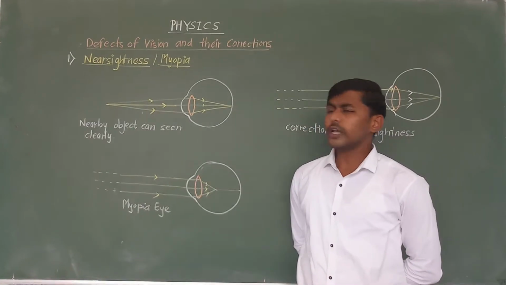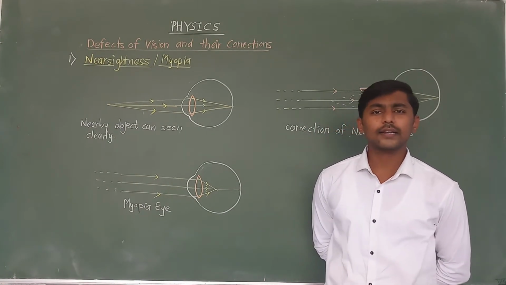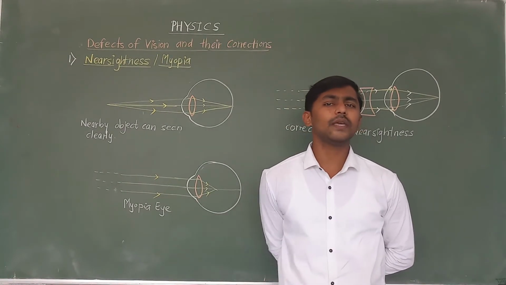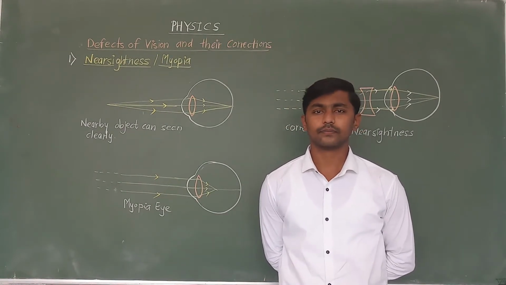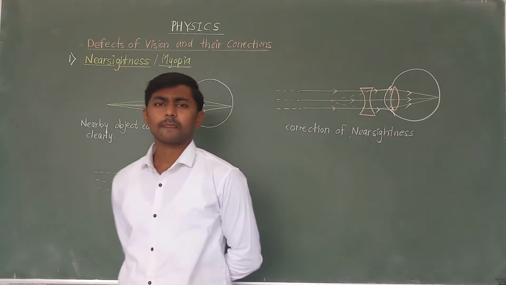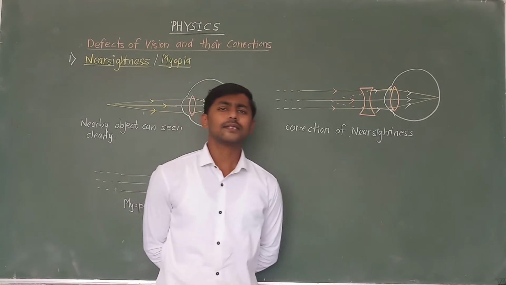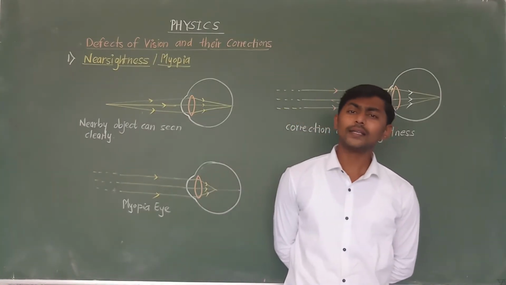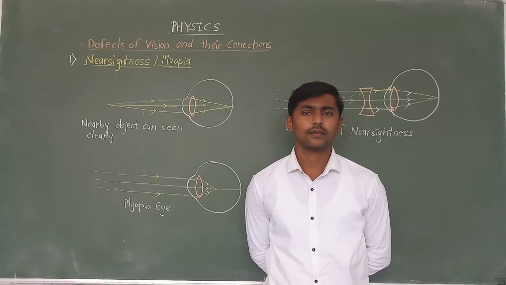Now today we are going to see what are different defects of vision and how the defects can be corrected. So the first defect is nearsightedness. Second defect is farsightedness.